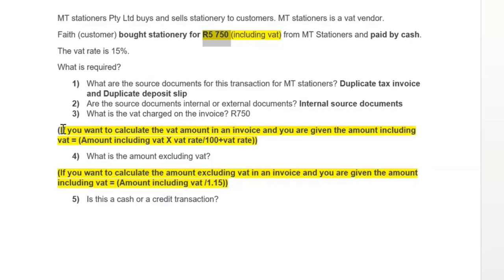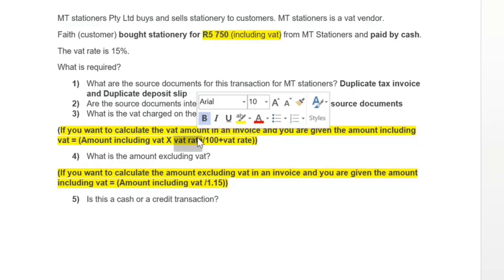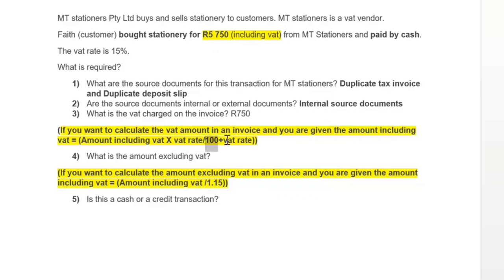This is what you're going to do. You're going to take the amount including VAT, which is 5,750, multiplied by the VAT rate, which is 15%, divided by 100 plus the VAT rate, which is 115. Then you get to the 750.